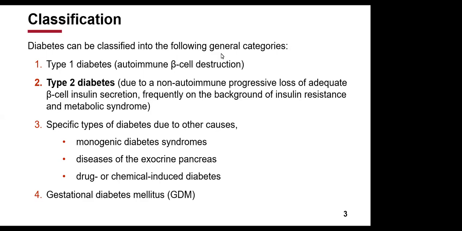We also have drug-induced diabetes, especially glucocorticoid use, or even in the treatment of HIV. We tend to see a lot of drug-induced diabetes. Then we also have gestational diabetes mellitus, which usually occurs in the 2nd or the 3rd trimester of pregnancy.